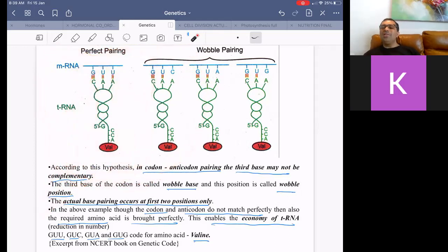So, how much is the time required for this? Less than a millisecond. 0.00001 सेकेंड के अंदर ये टीआरएनए आता है, अमीनो एसिड डिलीवर करता है, अमीनो एसिड ट्रांसफर हो जाता है और टीआरएनए एग्जिट हो जाता है.